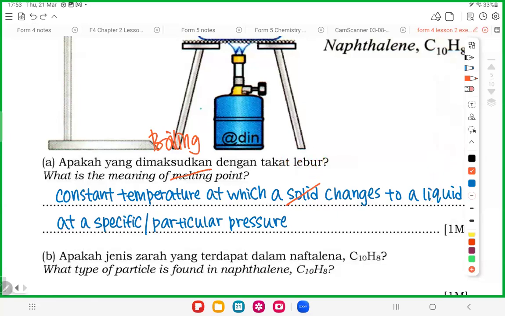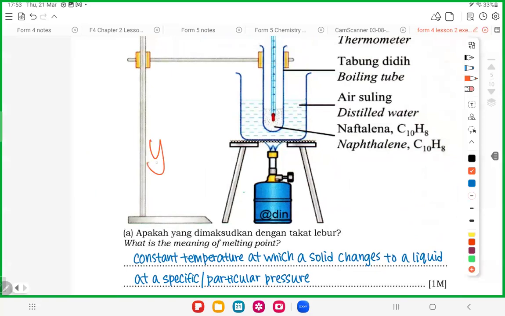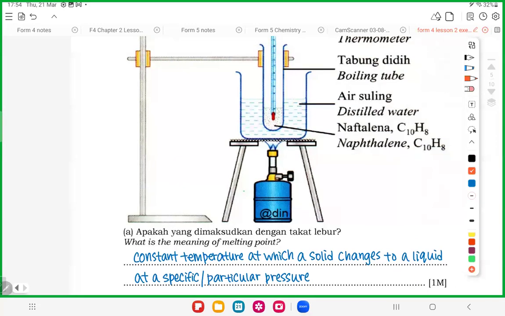Definition means meaning. Guys, let me know in the chat box, please. Are you okay with how to write the proper definition of melting point? Yes or no? It's not hard, but you all have to be very careful because many students lose marks just because of careless mistakes.